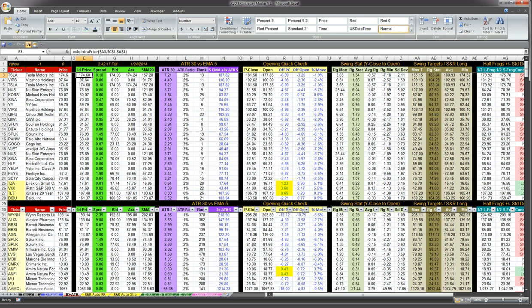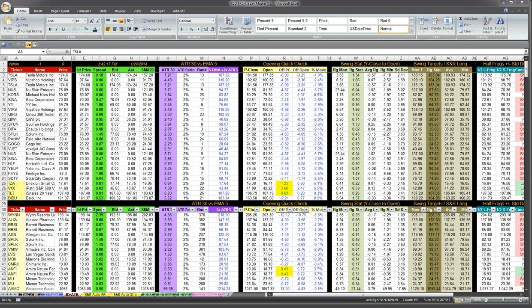In the purple box we have the ATR 30. You can see right here the ATR 30. Next to it, it tells you what the percentage of the ATR 30 is compared to the current price of $174.60. So $7.21 is 2% of $174.60.